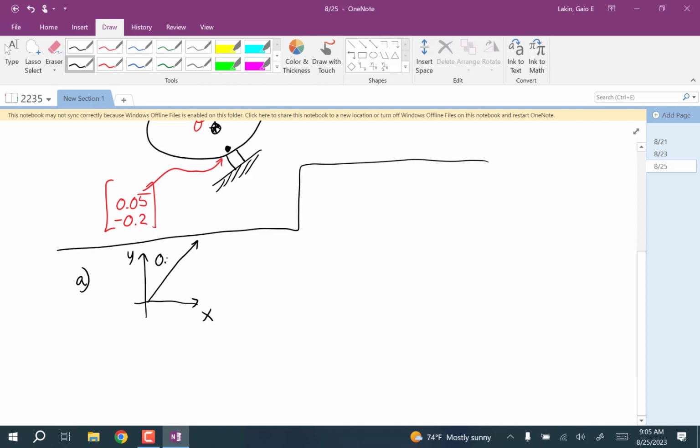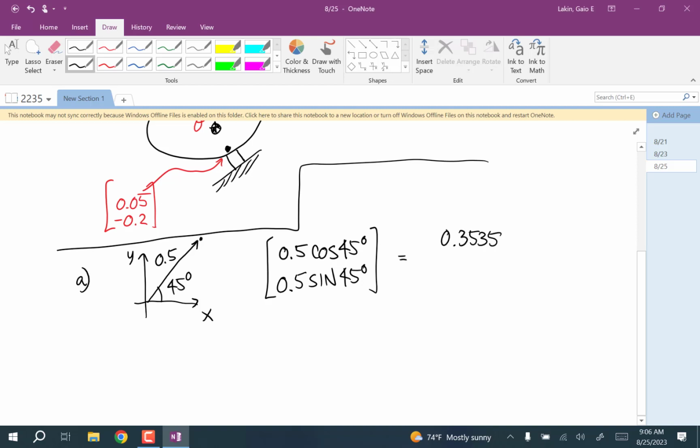Our vector has a length of 0.5, and this angle is 45 degrees. In this case, we're just looking for the unit vector, so we don't really need that 0.5, but that vector is going to be 0.5 times the cosine of 45 degrees, 0.5 times the sine of 45 degrees, which is like 0.3535. Why am I using so many significant figures all of a sudden? I don't know.